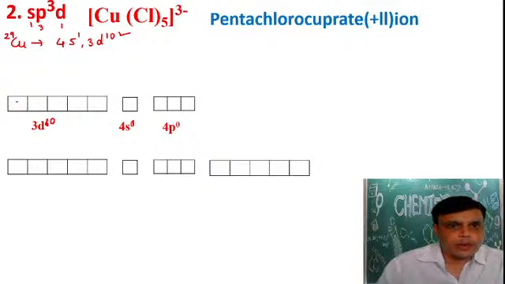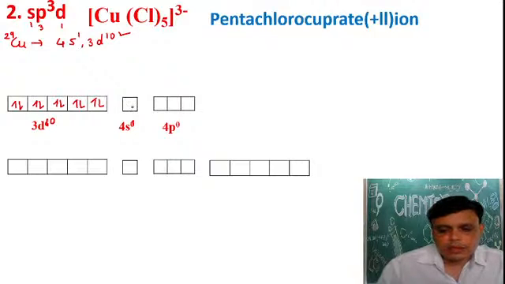So we will fill the electrons now. How many electrons are present in the orbital? 10 electrons. 1, 2, 3, 4, 5, 6, 7, 8, 9 and 10. Then 1 electron.